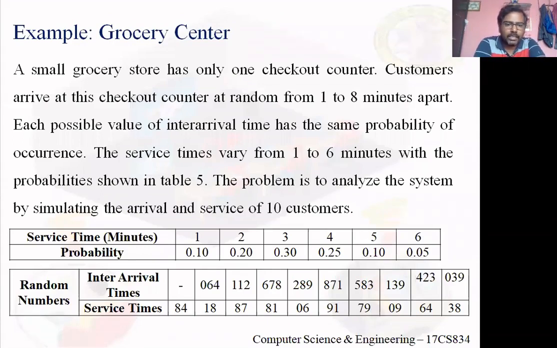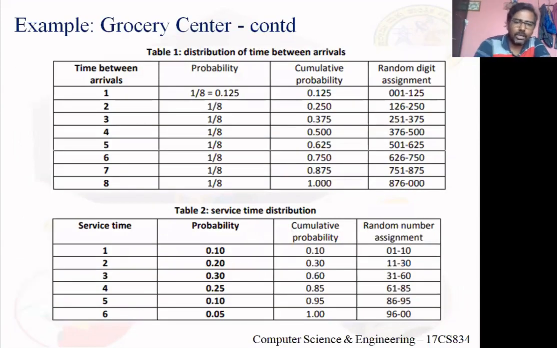It shows the probabilities of occurrence of service times 1, 2, 3, 4, 5, 6 as 0.1, 0.2, 0.3, 0.25, 0.1, 0.05 respectively. I have written them column-wise here. The first column in the second table is service time; possible service times are 1 to 6. Their probabilities are 0.1, 0.2, 0.3, 0.25, 0.10, 0.05. So, the cumulative probability.